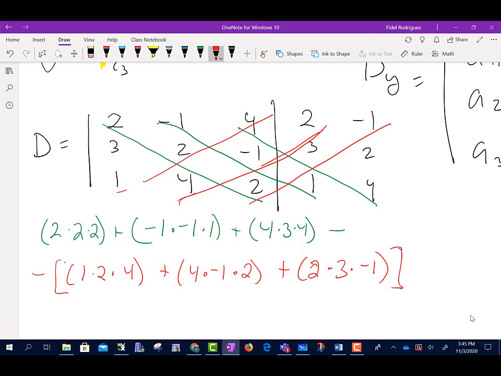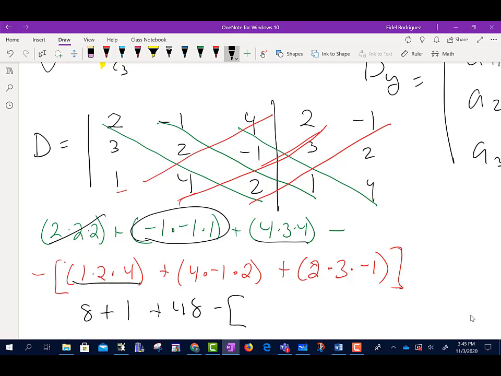All right, and let's just start calculating. So this here is going to be 8 plus this here is going to be 1 plus this here is going to be 48 minus 1 times 2 times 4 is 8. 4 times 1 times -2 is -8. And 2 times 3 times -1 is -6.